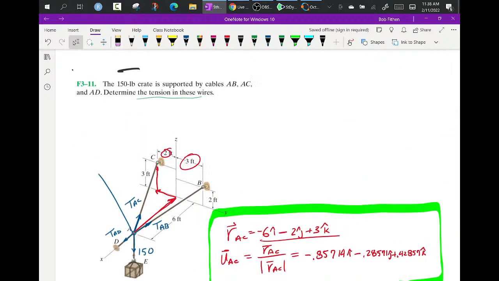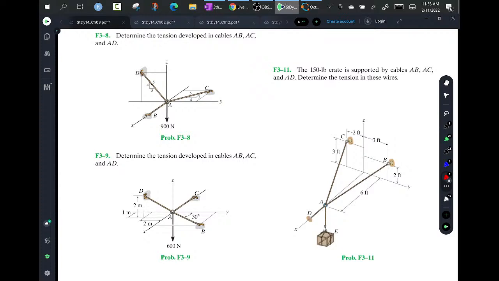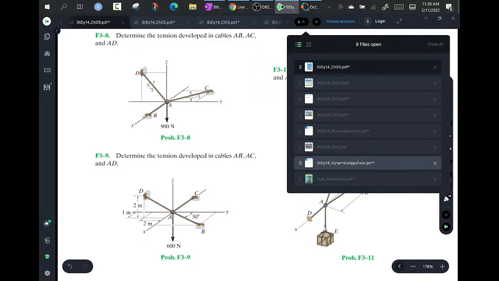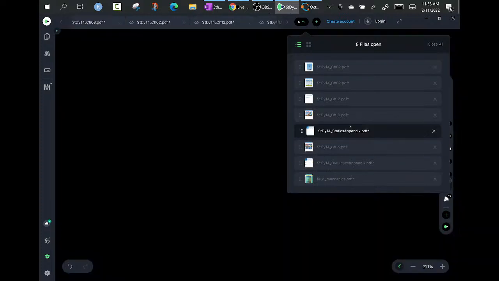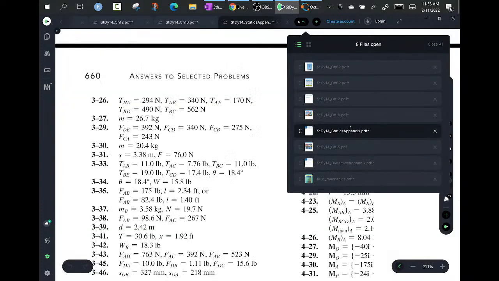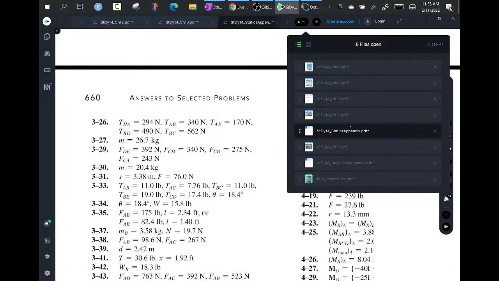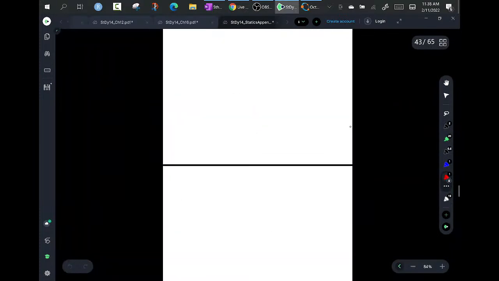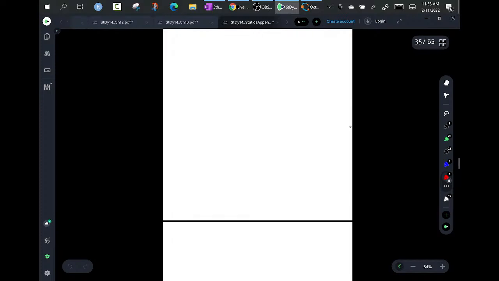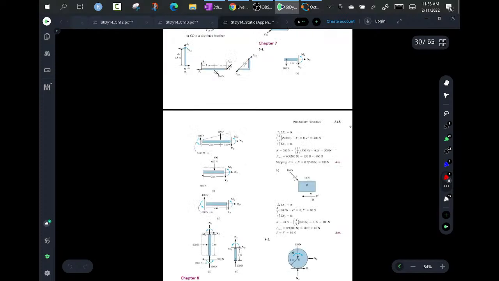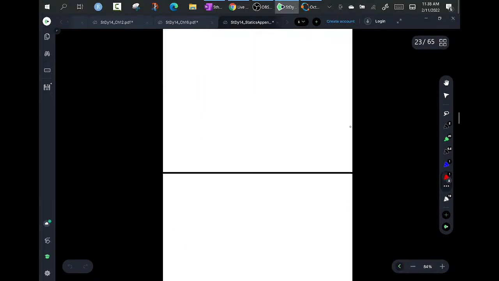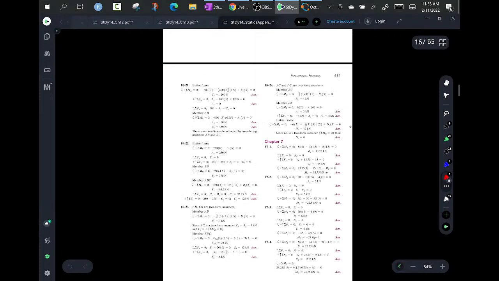Now, I do not know, nor do I remember, okay, this was F3 11. Now, if I can, there's F3 11. So I've got to go to the 3. For some reason, everything is very slow today.